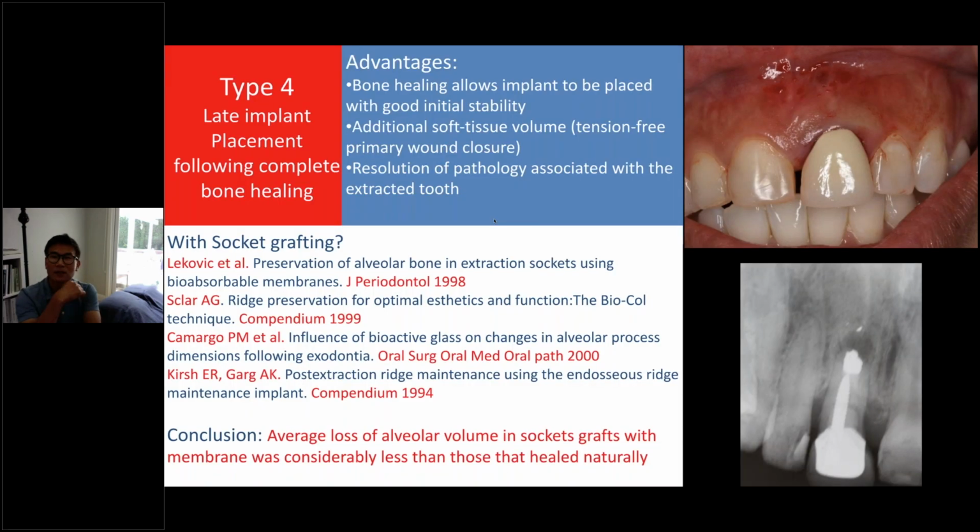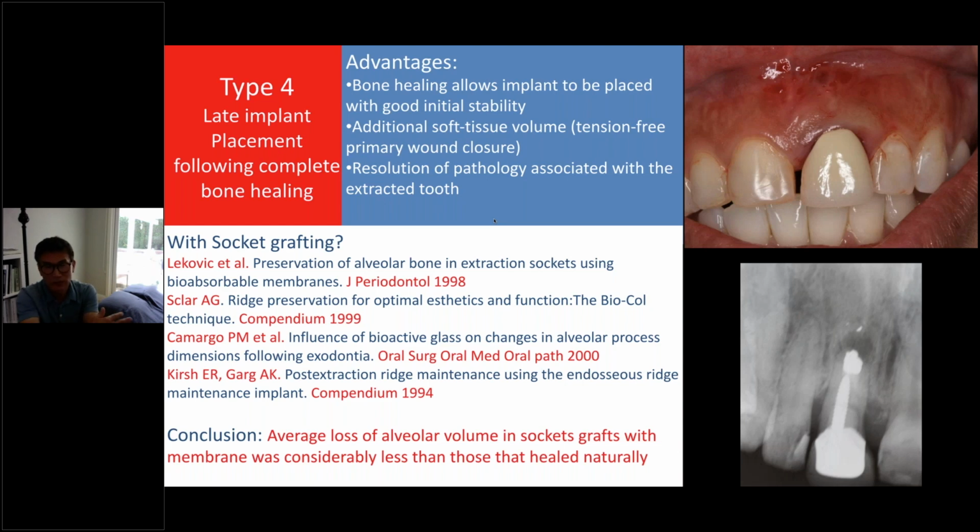So let's talk about type 4, which is late implant placement following complete bone healing. The advantage is that there are things you can control much more easily. If you don't have much experience with controlling soft tissue and hard tissue regeneration, you can just slow down.